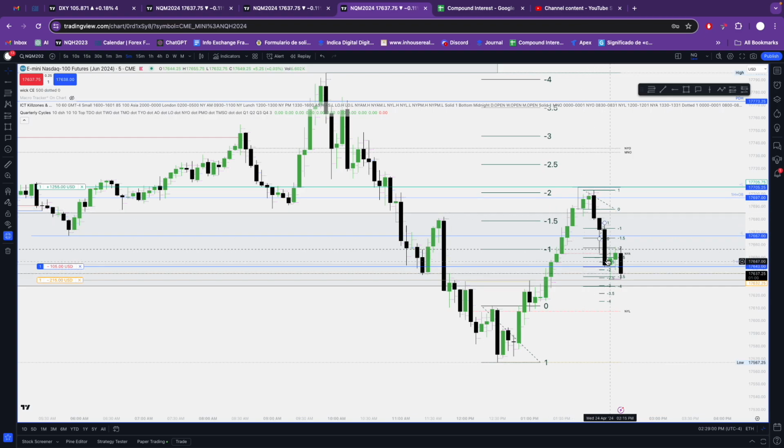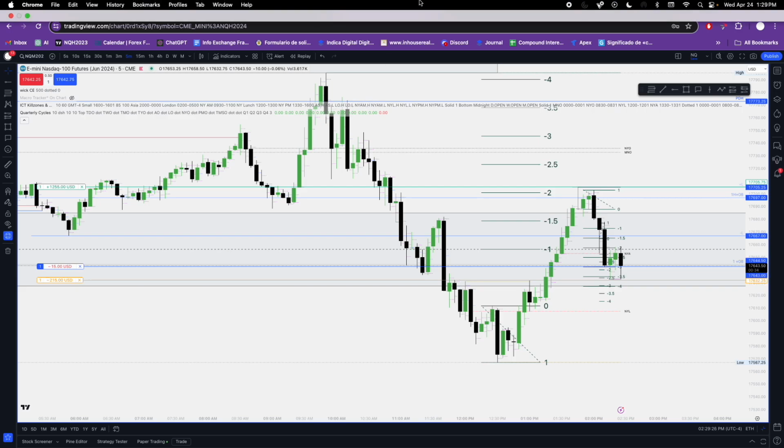So when I was asking you how are you sure this here is our manipulation leg, and saying this is inside of a range, we can go in either direction, trying to catch a continuation play in here. It can work. It's just that the probabilities are not as high.